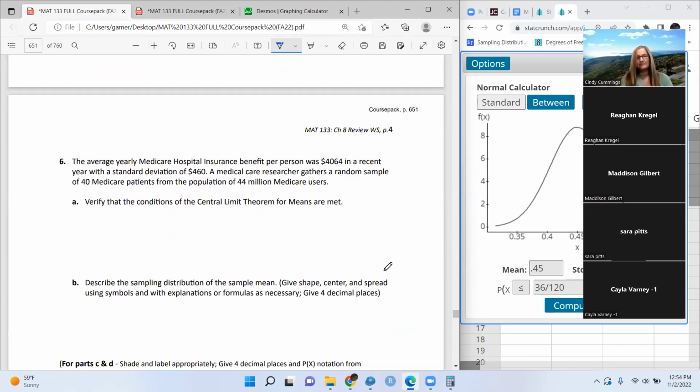Mean or proportion? And how do we know? It says standard deviation, so I'm gonna guess mean, an average, so mean. Good.